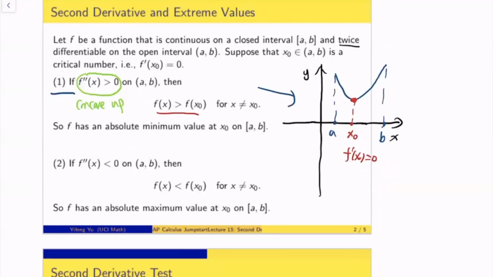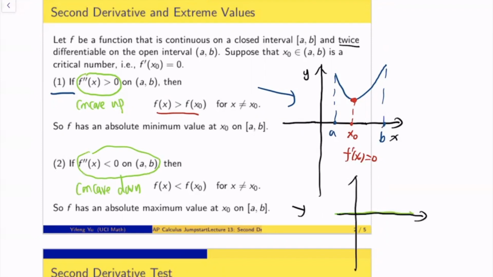Similarly, if we know the second derivative is less than 0, the function is concave down. For this case, this is the function, this is x and this is y, and this is a and this is b. Again, this is a critical number, so the derivative is equal to 0.